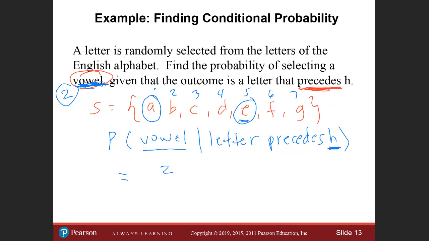So that should be 2 over the total. The total would be 7. You have 7 letters before letter H. So that would be your answer.